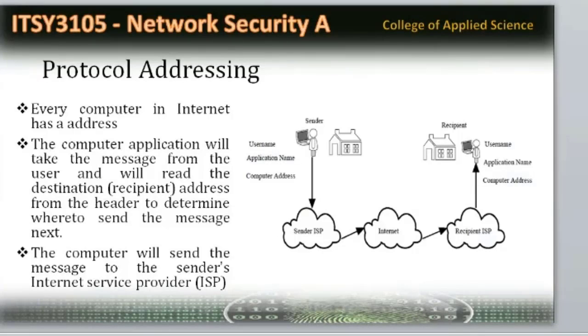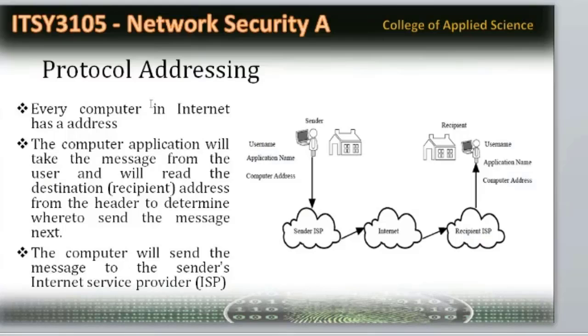Now you can see here protocol addressing. In protocol addressing, every computer, every device in this world, your mobile phone or your PC or your laptop, even your smart televisions, every device needs an IP address, then only they can connect with the internet.